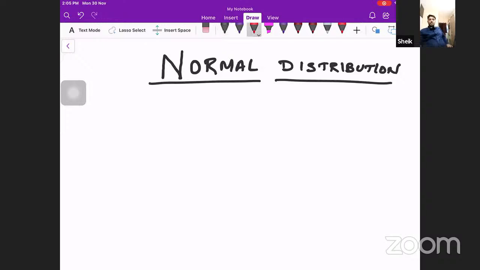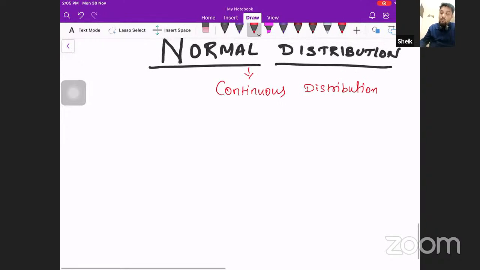Normal distribution. This normal distribution is a continuous distribution. That is, X can be any real number.